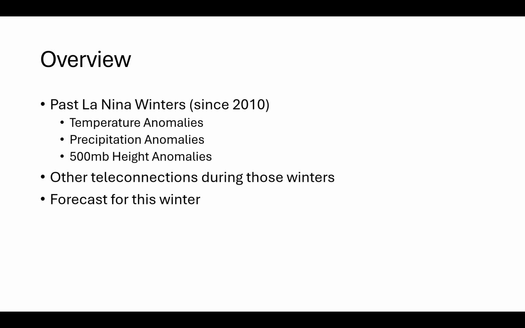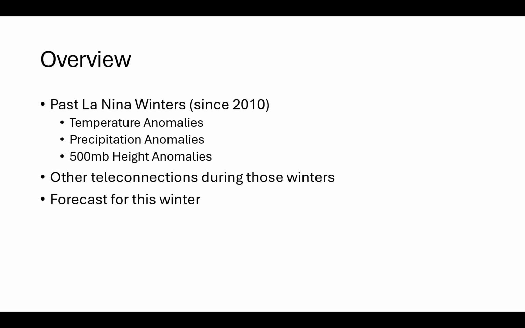And when you compare any of these teleconnections, La Nina or El Nino included, what worked before with La Nina, El Nino may not work the way it used to based on the warming oceans. So I'm doing a more limited sample size here, and I'm only going to go back to the 2010 winter.